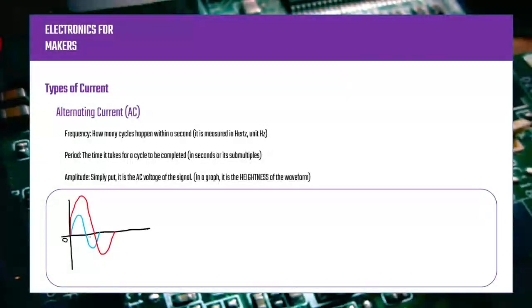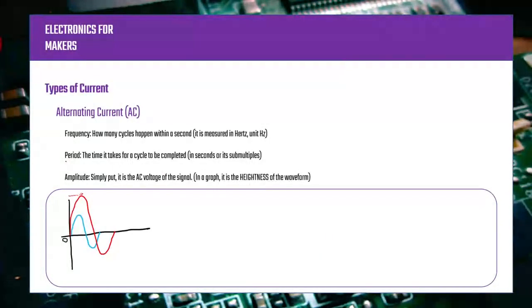You can see their frequency is different because the distance before they start again is different. But which one of them is taller? The red wave is taller. So we say it has a bigger amplitude, which is basically more voltage. The amplitude is the voltage of the signal we are measuring.